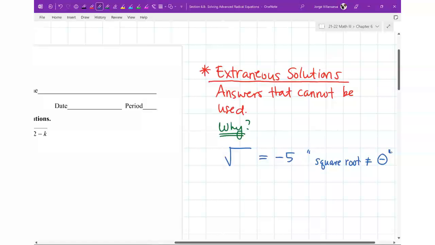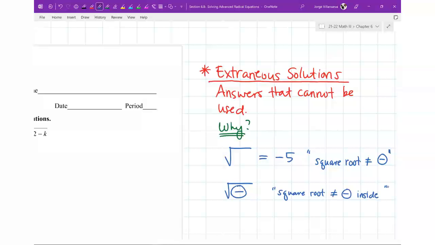Also, a square root cannot be negative on the inside, as a radicand, okay? So those are the two things we're going to be looking for.